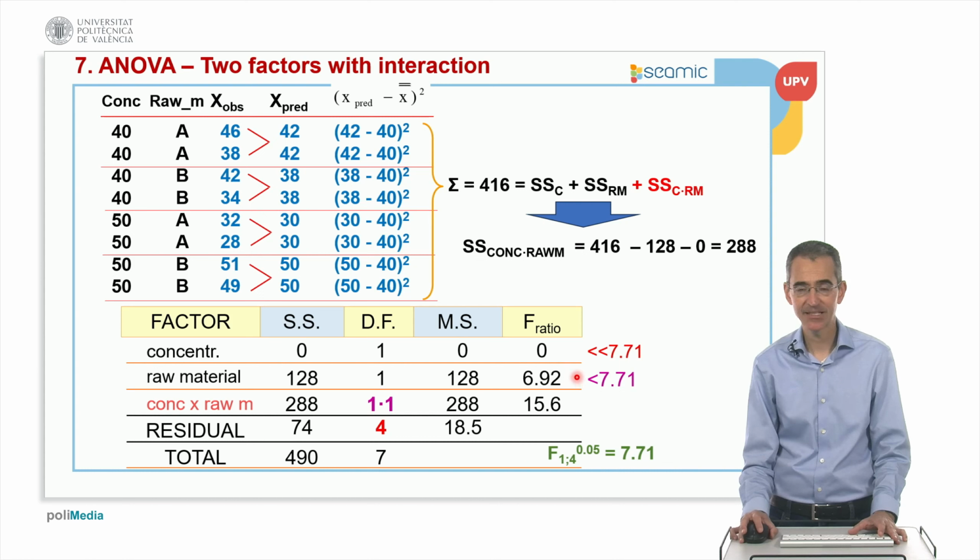Also, this is less than the critical value, which means that this value can be considered like frequent value for this distribution. So we will say that the simple effect of the raw material is not statistically significant. But for the interaction, we can see that this value is higher than the critical value. So we will say that the effect of the interaction is statistically significant, which is a very important result.